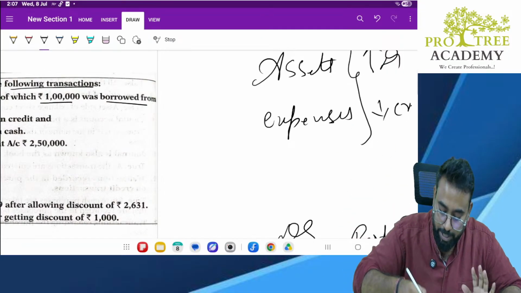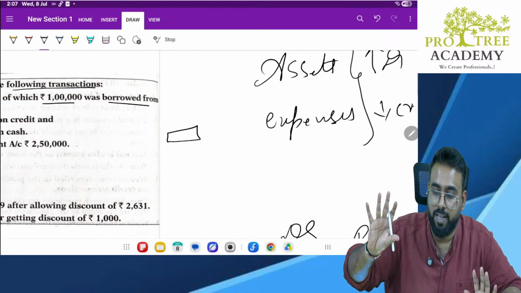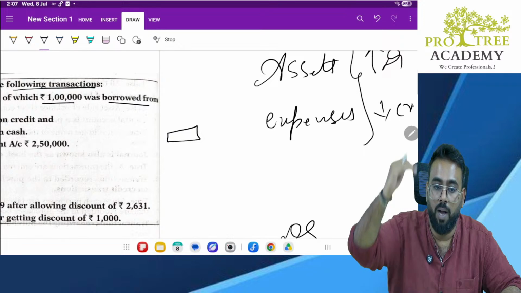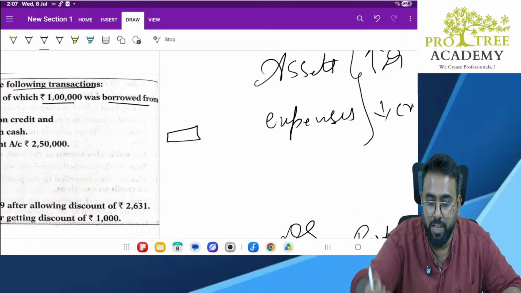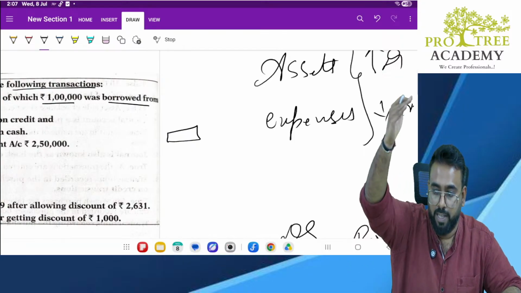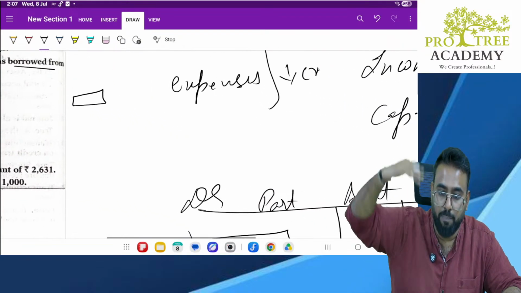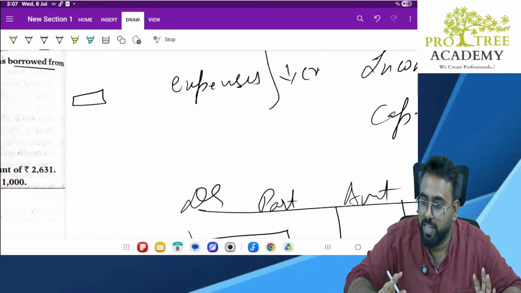Coming to the first leg, capital being introduced. When we introduce the money to the business, our capital balance will go up. Capital will come on which side? On the right side. So it will be credit, increase in the capital.